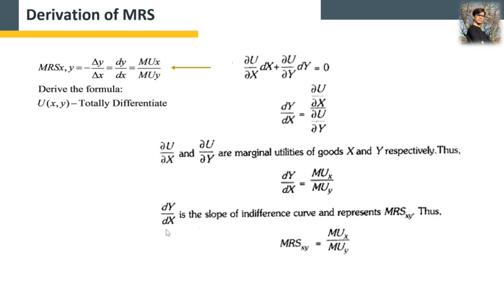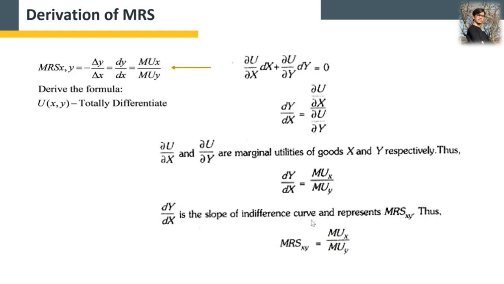And dy over dx is the slope of the indifference curve and represents the marginal rate of substitution of x for y. As we said, the marginal rate of substitution defines the slope of the indifference curve. Thus, the marginal rate of substitution of x for y is equal to the marginal utility of x divided by the marginal utility of y.